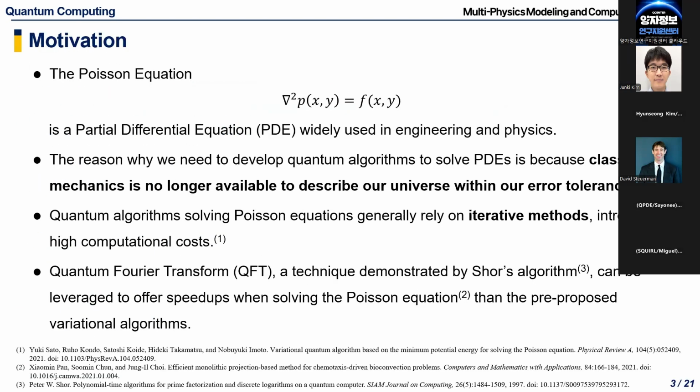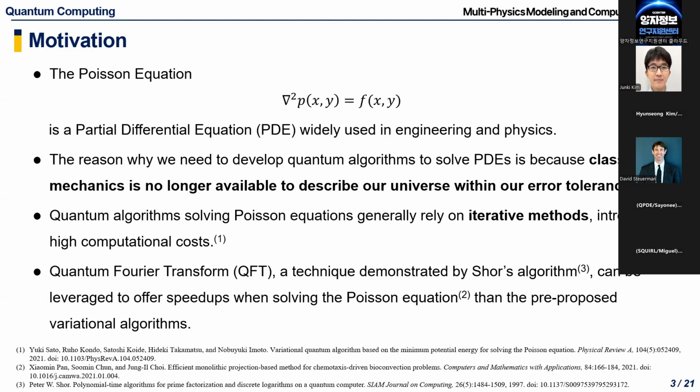First of all, the Poisson equation is a well-known partial differential equation widely used in physics and engineering. The reason we are trying to tackle this in quantum manners is that ever since quantum mechanics was developed in the early 1900s, it was verified several times that classical mechanics is not able to simulate our universe within our tolerance. Several variational algorithms were developed to solve the Poisson equation relying on creative methods.